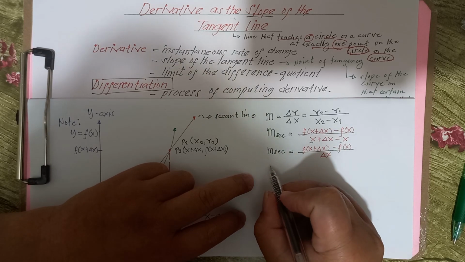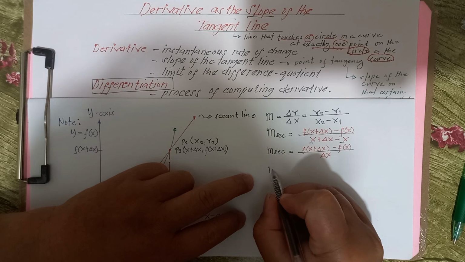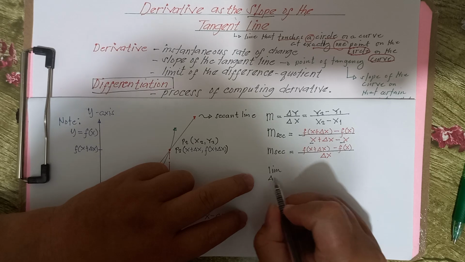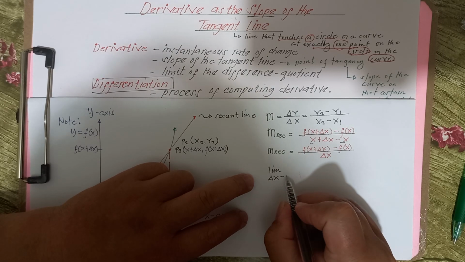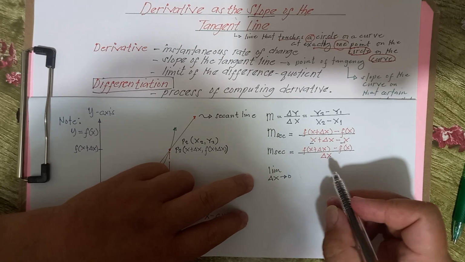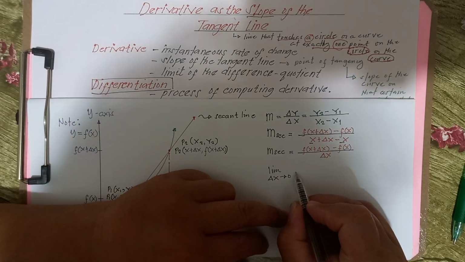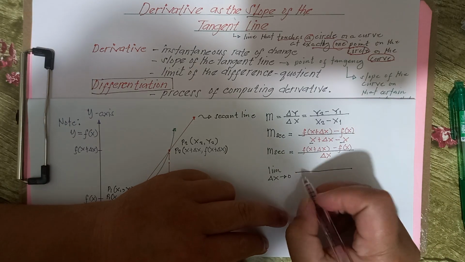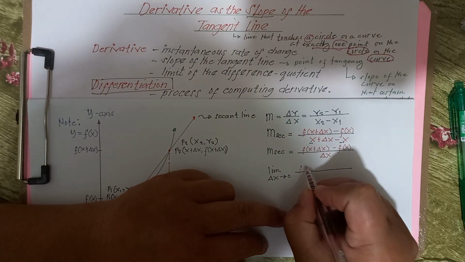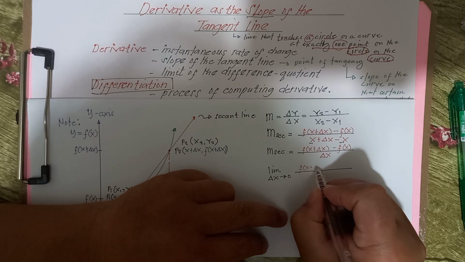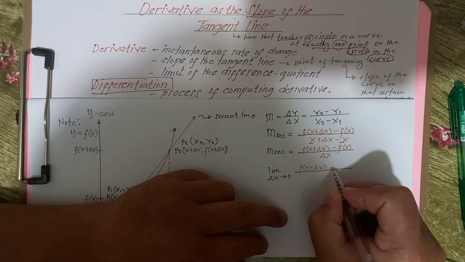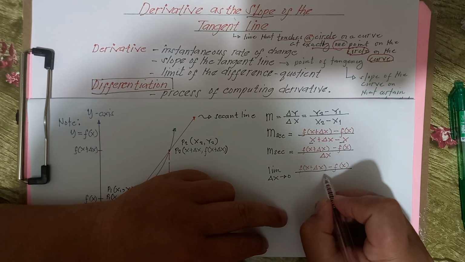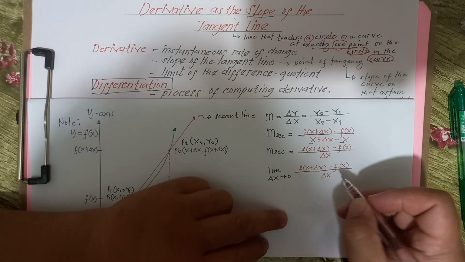So we can have that one to be the limit as your change of x approaches 0 of, we have in here, f of x plus change of x minus f of x over change of x.